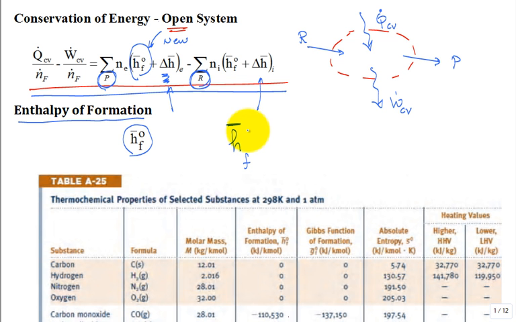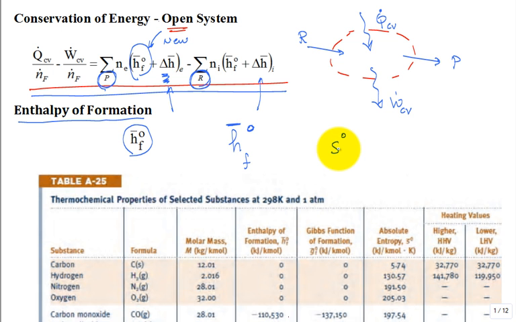And then we have this naught right here. We had some S naughts before, so we've seen that naught superscript symbol. What does that naught superscript symbol mean? It's a standard condition. So it'd basically be at low pressure, 1 atm, and at standard temperature.